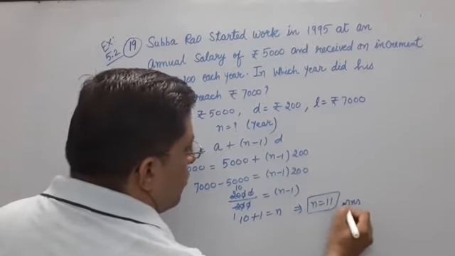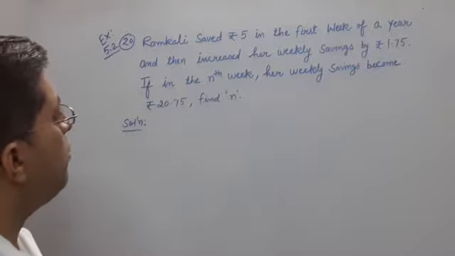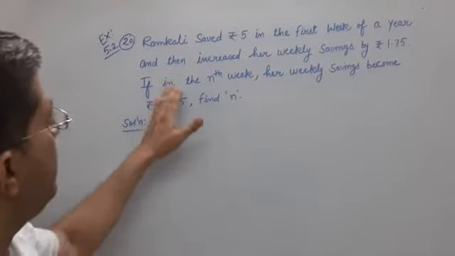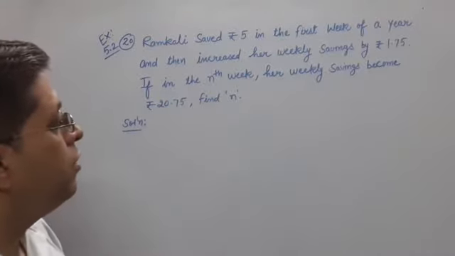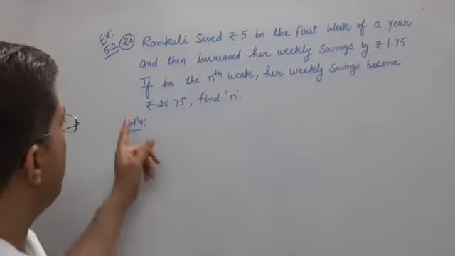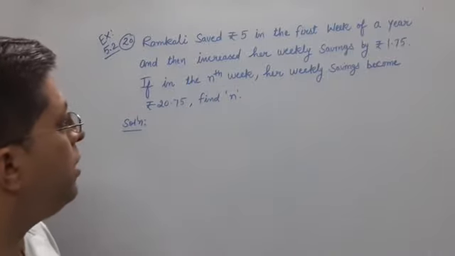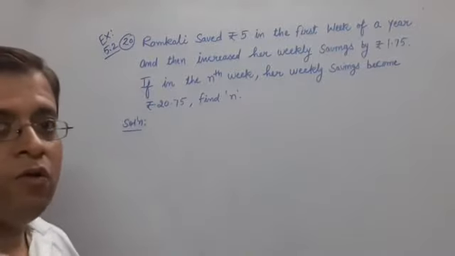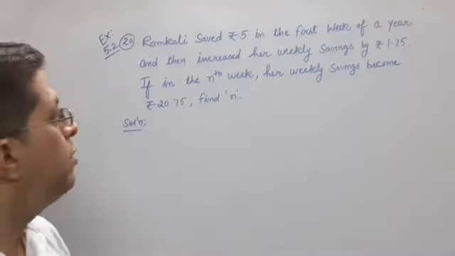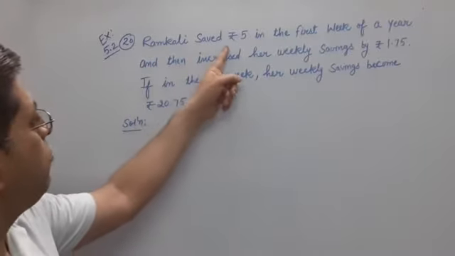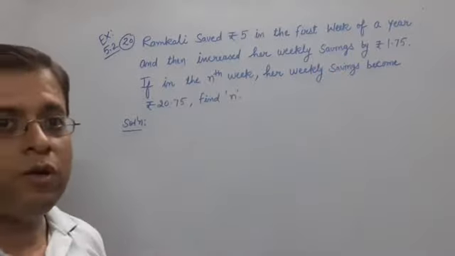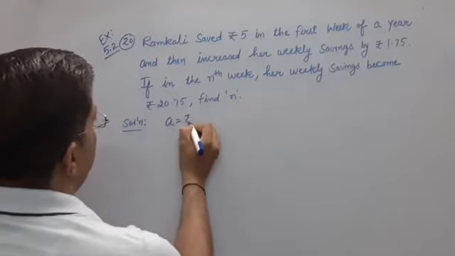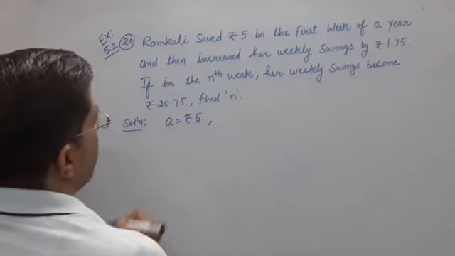Then N is equal to 11. Next question: Ramkali saved rupees 5 in the first week of a year, and then increased her weekly savings by rupees 1.75. If in the nth week her weekly savings become rupees 20.75, find the value of n. It is very simple. First week means A is given to you, A is rupees 5.